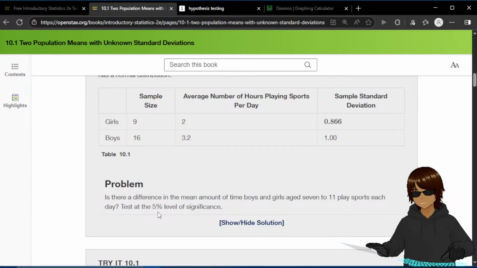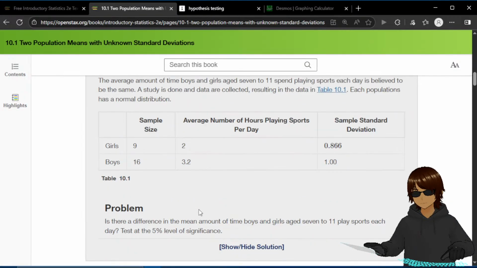Test at a 5% level of significance. Is there a difference in the mean amount of time boys and girls aged 7 to 11 play sports each day?